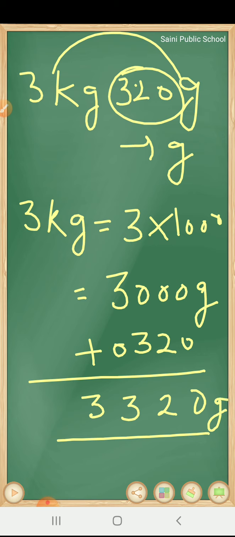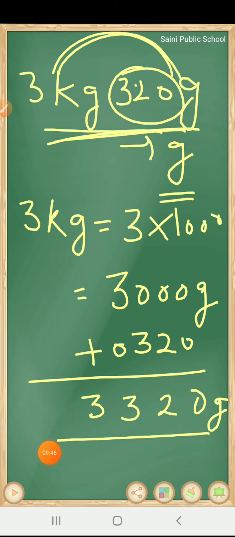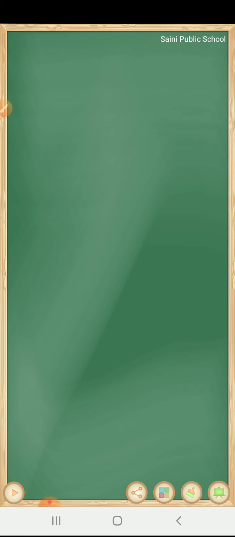So for converting mixed units of gram and kilogram to gram, we have to convert kilogram into gram and then we will add the given gram to the answer.